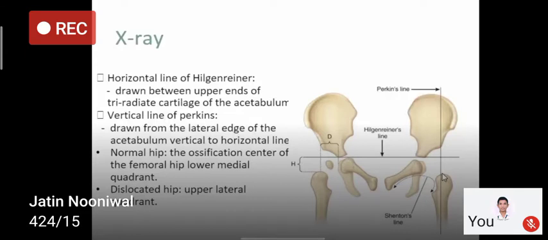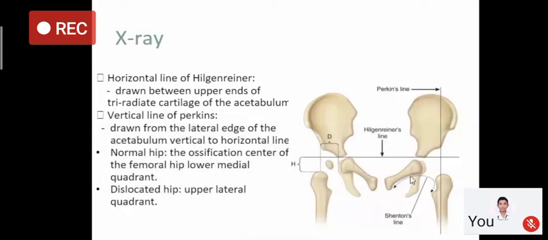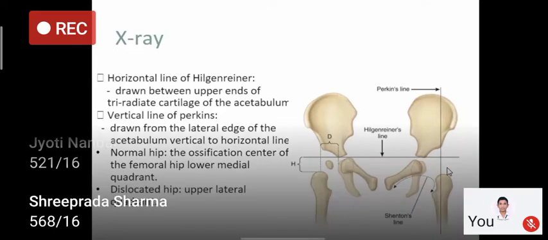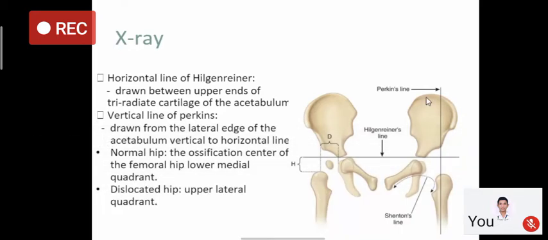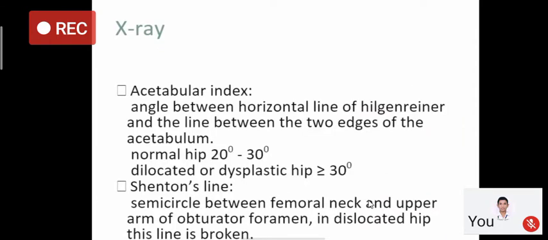Shenton line is broken. The capital femoral physis, if it is present, is in the outer and upper or lower quadrant, and there is the atrophic innominate bone. Then another thing is acetabular index.